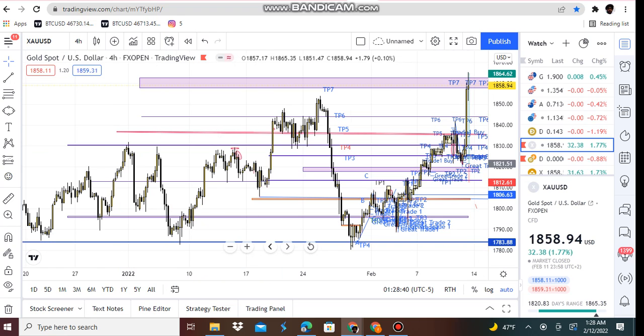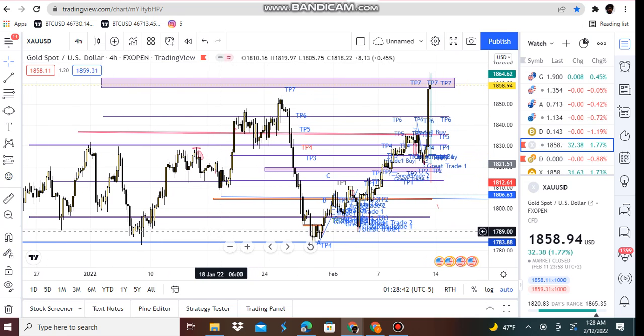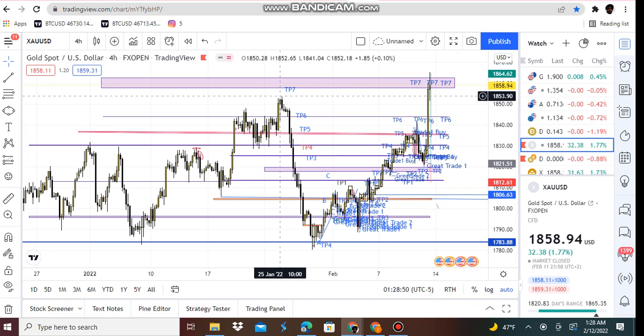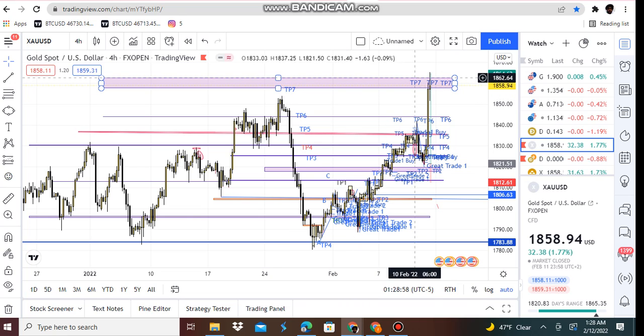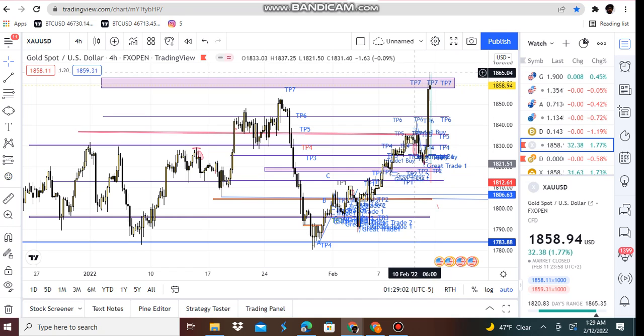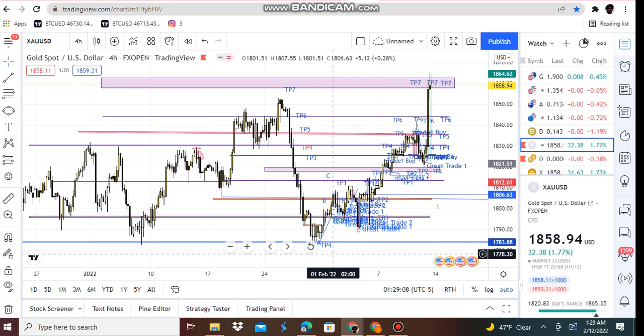All right, gang. So you can see on the 4 hour, price has gone all the way up to take profit 7. This is the highest point we've been at, 1864. And this month, January 25th, the previous highest point was at 1853, and price on February 11th shoots past 1853 all the way to 1865, 2022.